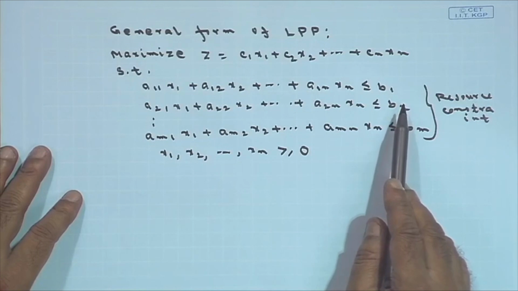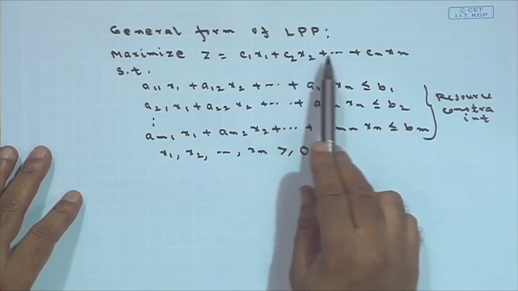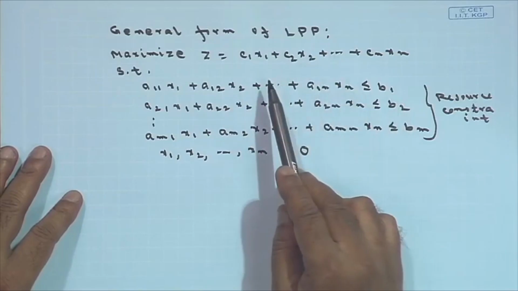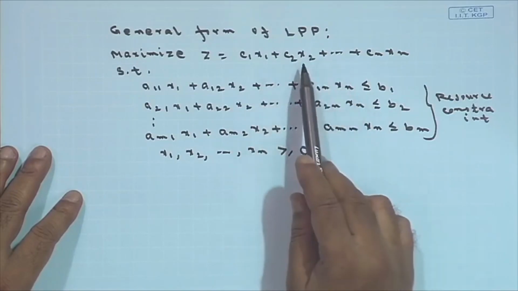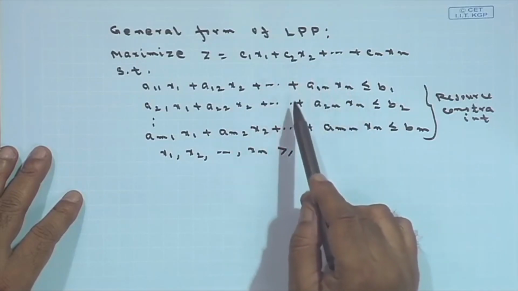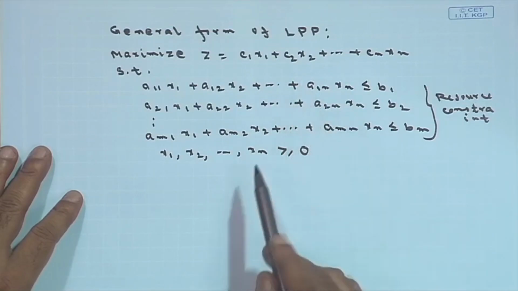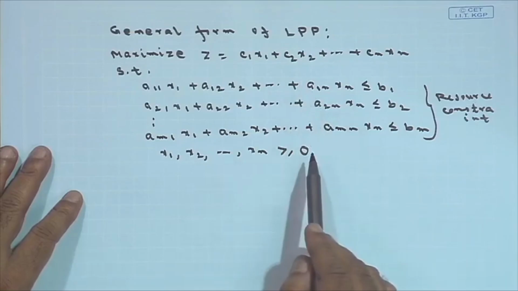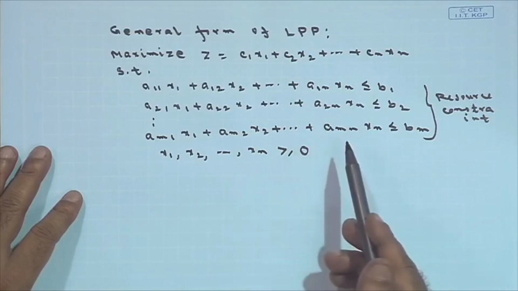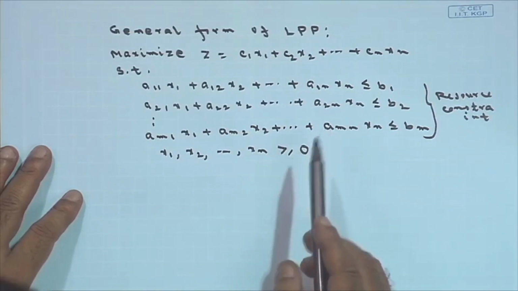Linear programming problem means, from the name itself, the objective function as well as the constraints will be linear in nature. The variables will be only non-negative, it may be discrete, it may be continuous.